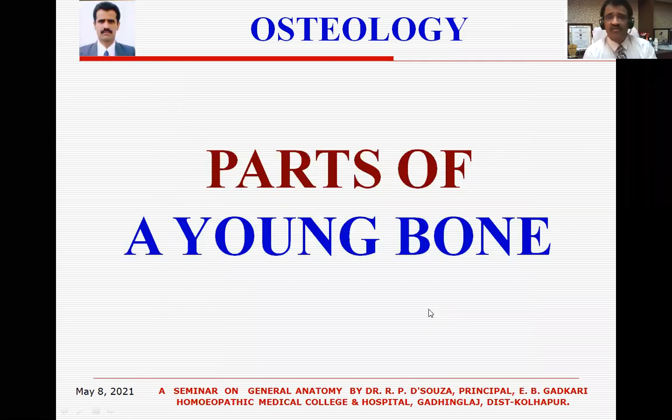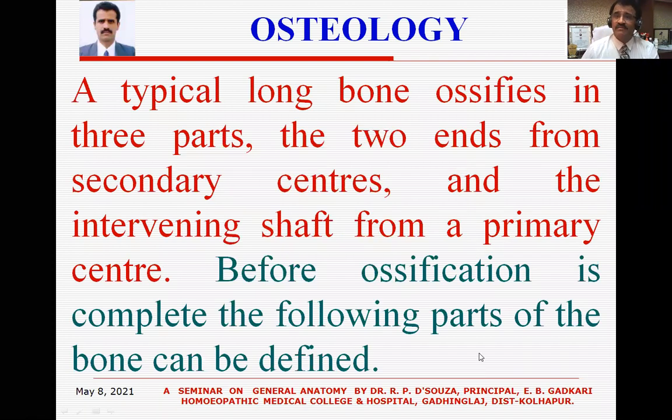Now let us go for understanding the parts of a young bone. Now what we saw was parts of adult bone. Now we will see parts of young bone. So young bone ossifies from three parts: the two ends from the secondary centers, and the in between shaft from the primary center.